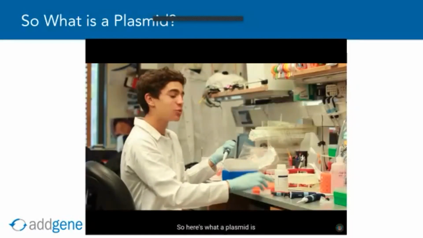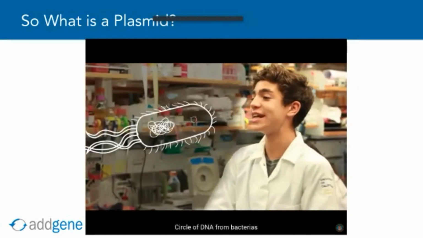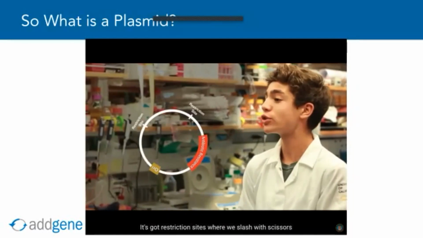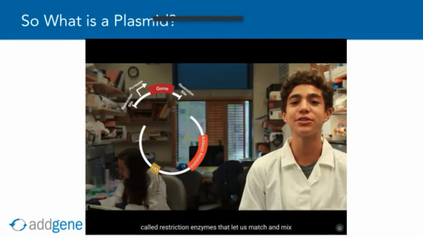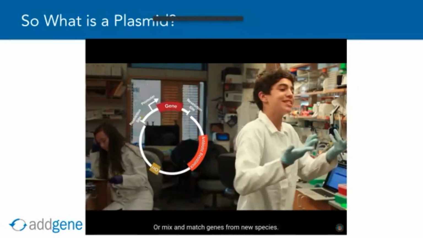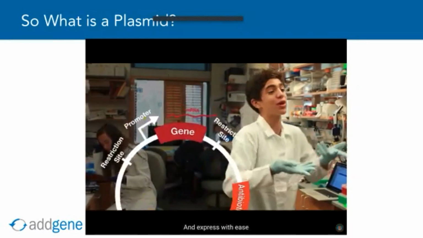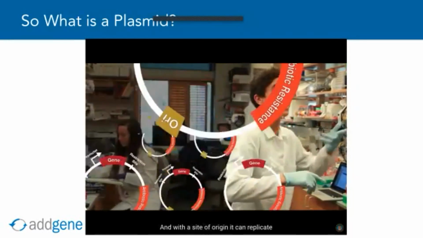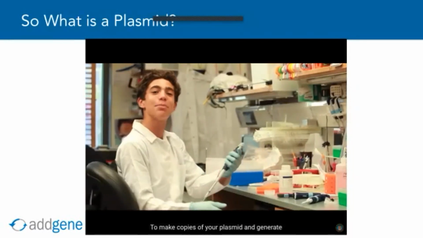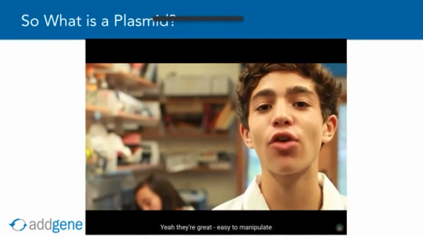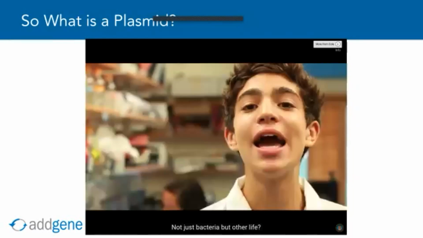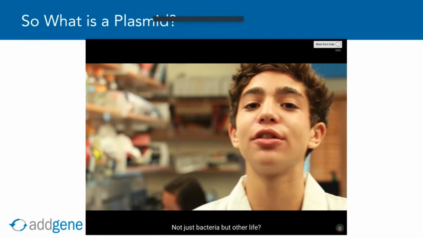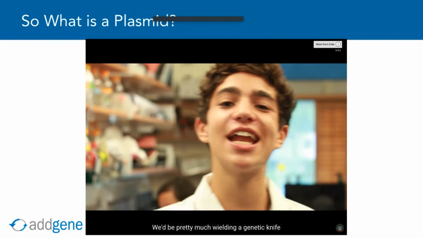It's lit. So here's what a plasmid is. Circle of DNA from bacteria. It's got restriction sites where we slash with scissors. Called restriction enzyme and let us match a mix. So mix and match genes from a new species. Just put in a promoter and express with ease. And with a site of origin, it can replicate. Make copies of your plasmid and generate. Yeah, they're great. Easy to manipulate, but just think, what if they could infiltrate not just bacteria but other life? We'd be pretty much wielding a genetic knife.